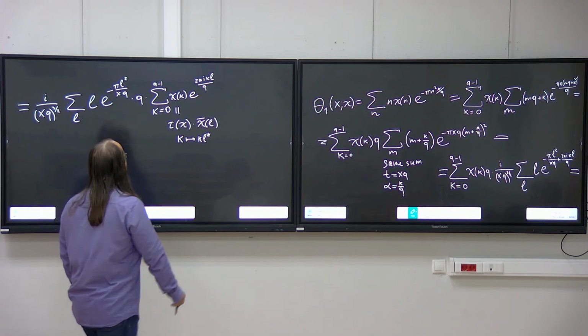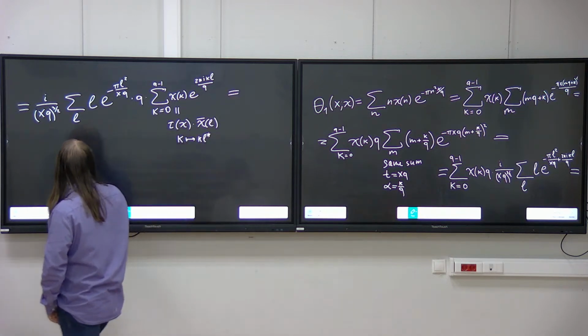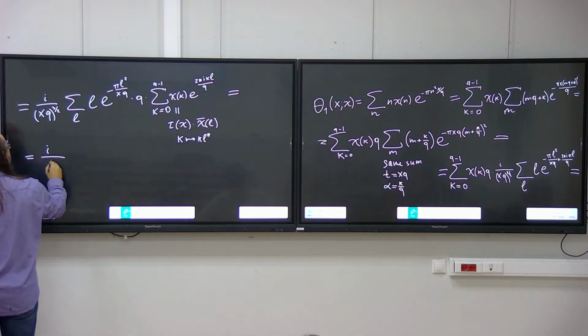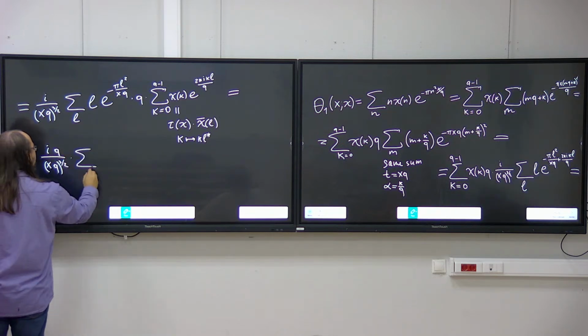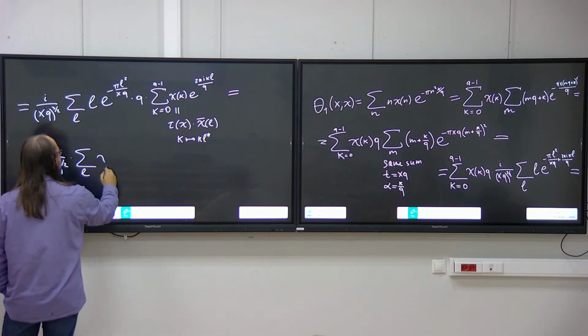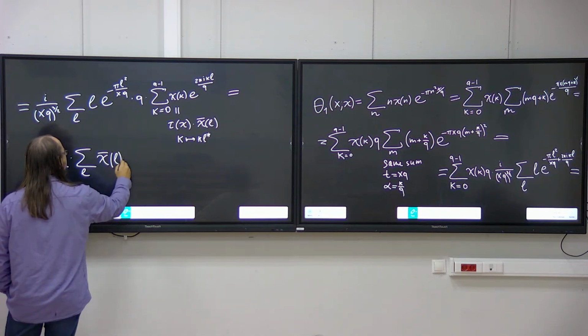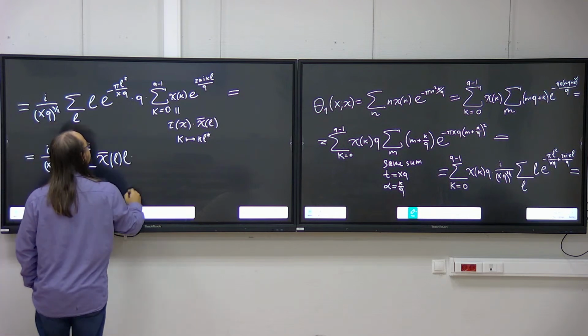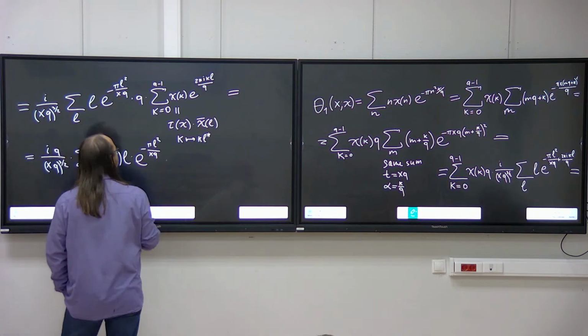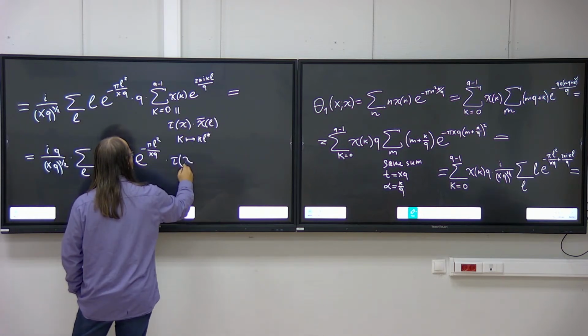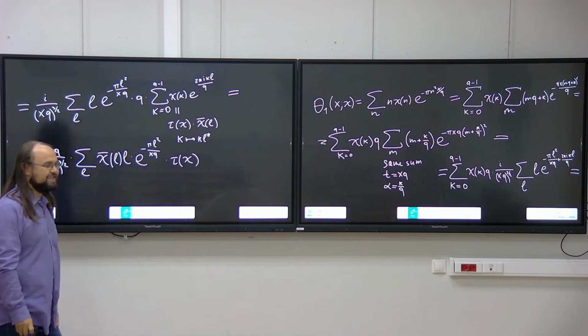Okay, so what do we get here? We get i over xq to the power 3/2 multiplied by q multiplied by the sum over all L of chi bar of L multiplied by L multiplied by e to the power minus pi L squared over xq and multiplied by tau of chi. Right?